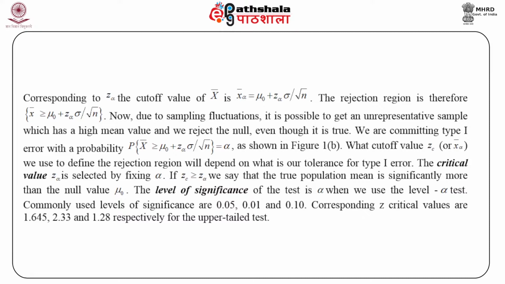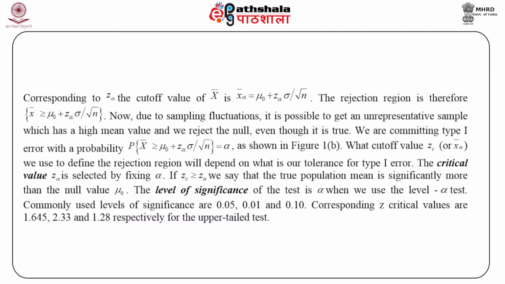If Zc is greater than Z alpha, we say that the true population mean is significantly more than the null value mu 0. The level of significance of the test is alpha when we use the level alpha test.